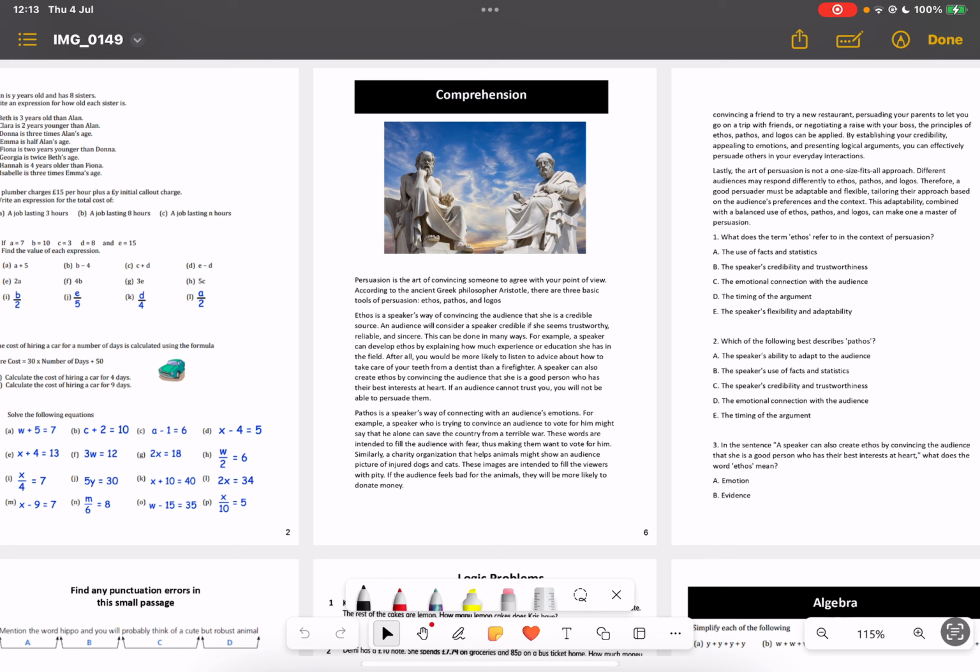Similarly, a charity organisation that helps animals might show an audience a picture of injured dogs and cats. These images are intended to fill the viewers with pity. If the audience feels bad for the animals, they will be more likely to donate money.